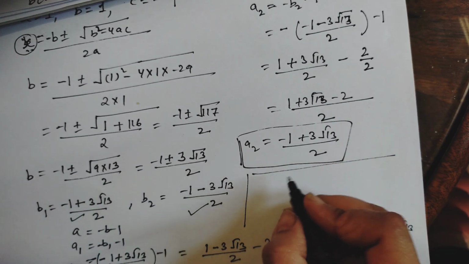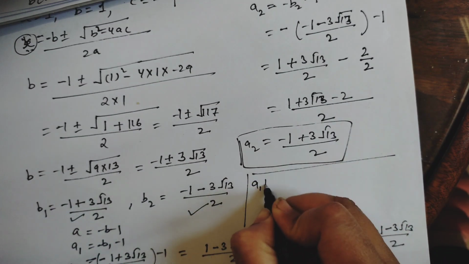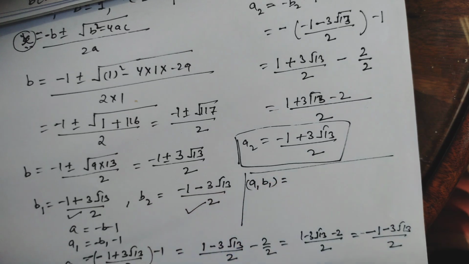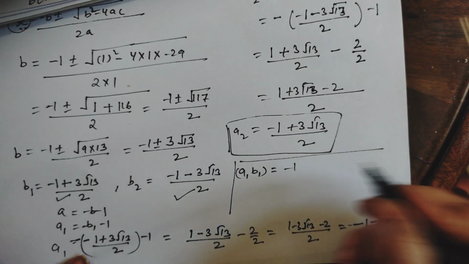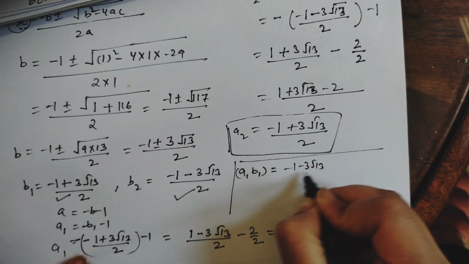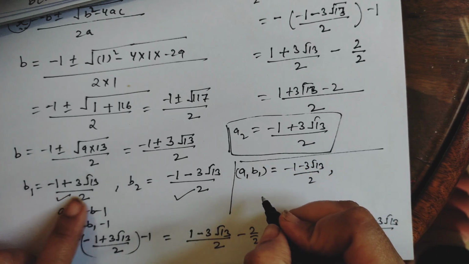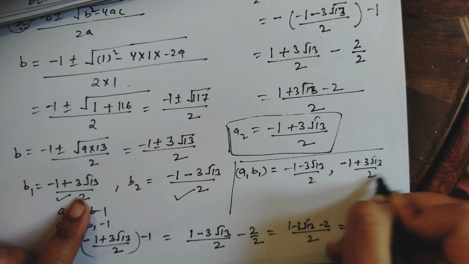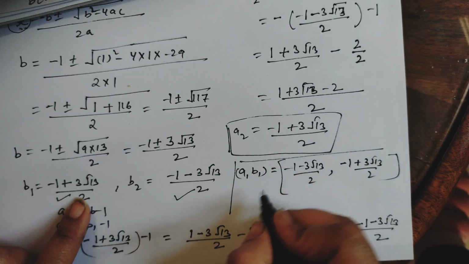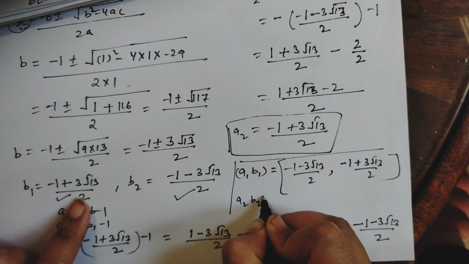So for these two values we'll write again. If a1 is a1 and b1 value, again we'll write here what is our a1. This one is the a1. Minus 1 minus 3 root 13 by 2, and b1 is this one. Minus 1 plus 3 root 13 by 2. The first values is this, and a2 and b2.